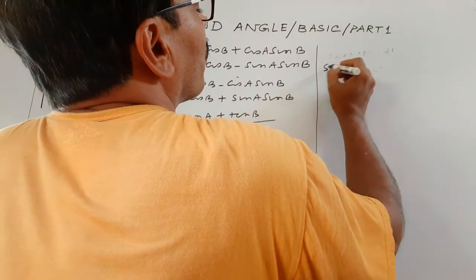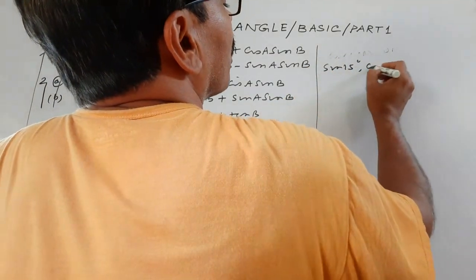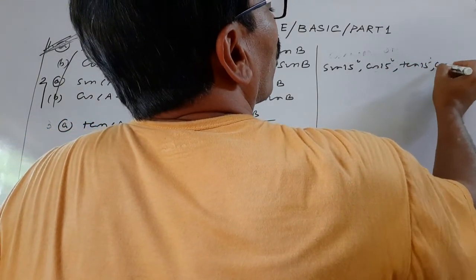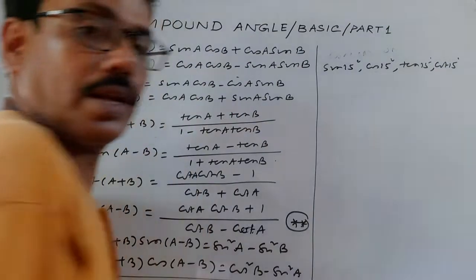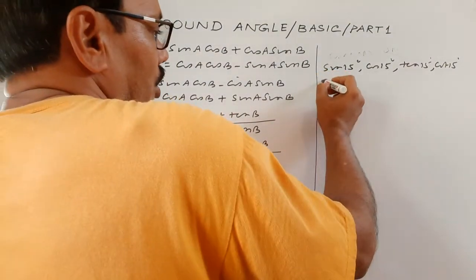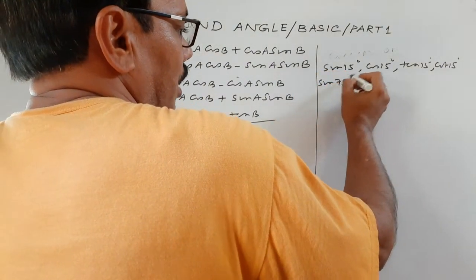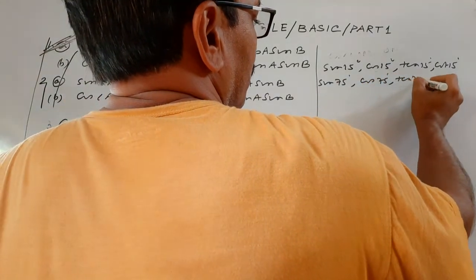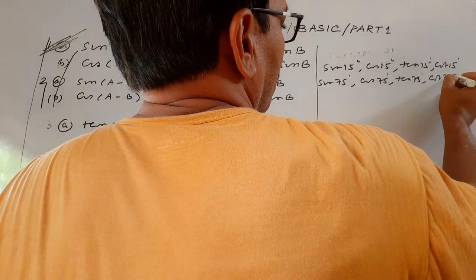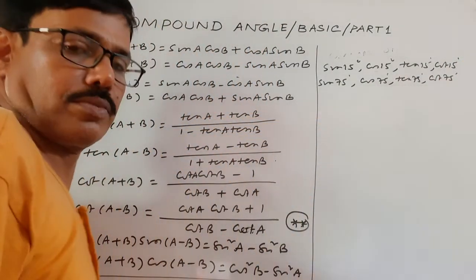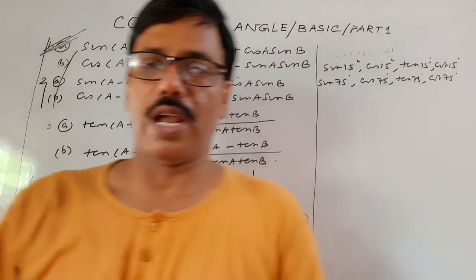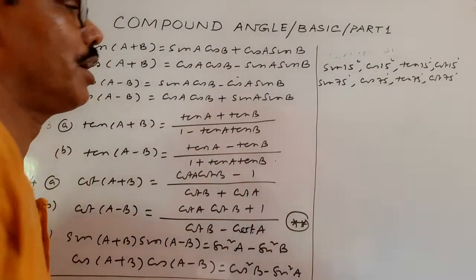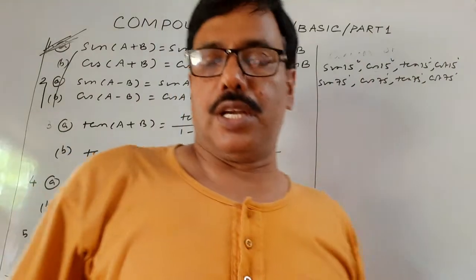Now application. Find the value of sin 15, cos 15, tan 15, cot 15, and sin 75, cos 75, tan 75, cot 75. Now we do not know 15 degree.